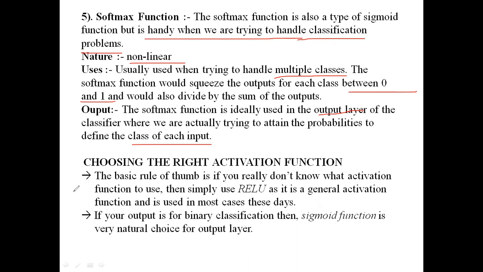Now here we have one small thing: choosing the right activation function. Which function is the right activation function for any kind of neural network? The first and best answer is ReLU, the first choice of activation function for any kind of network. Why?